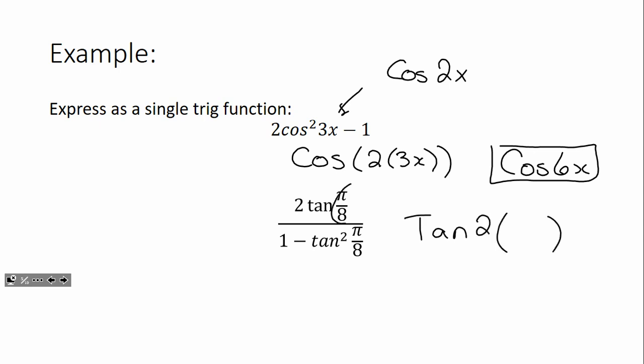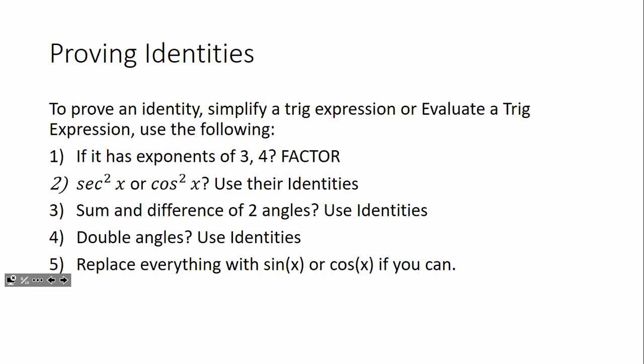So all we do is we take our angle and we multiply it by 2. And we get tan of pi over 4. Again, this can be solved. We know it equals 1 if we wanted to do that. This is just simplifying it or expressing it as a single trig function, so cos of 6x or tan of pi over 4. And so that's how our double angle identities worked.